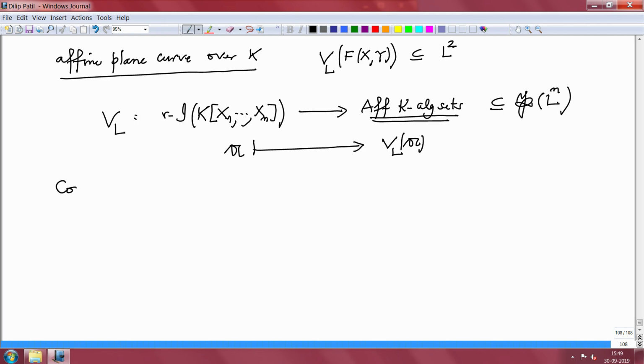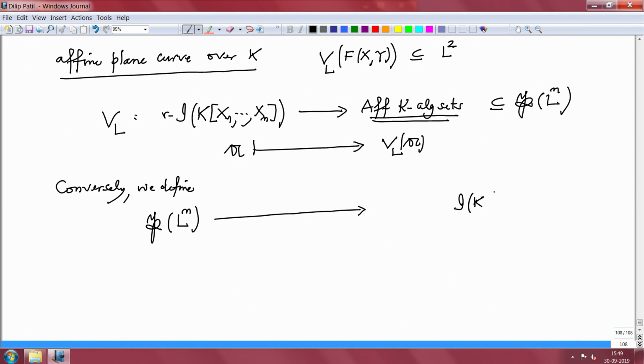Conversely, we define the map in the other direction. In fact, I will define a map from the power set of L^n to the ideals in the polynomial ring.